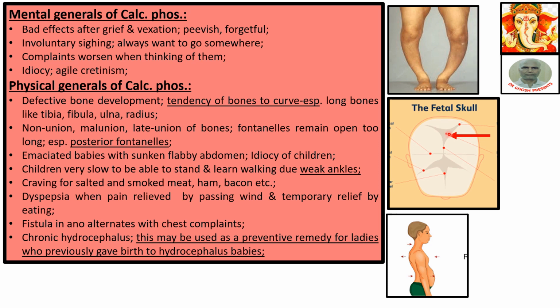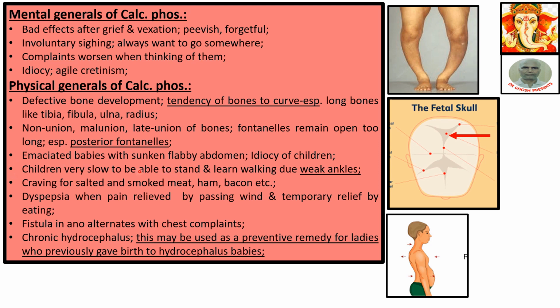Gradually thereafter bone develops and the points are fused. These are called fontanelle. In case of Calcarea Phos, this posterior fontanelle remains open for a long time. In case of Calcarea curve, the frontal one remains open long. Mind, this is a very important point for difference.